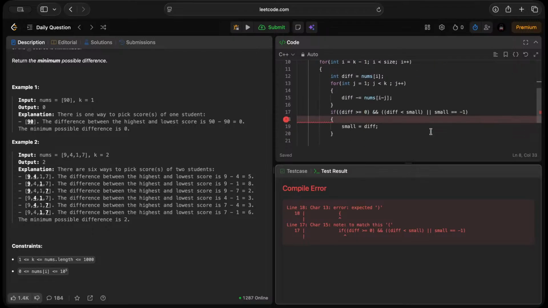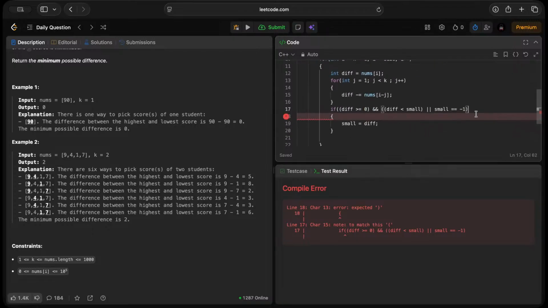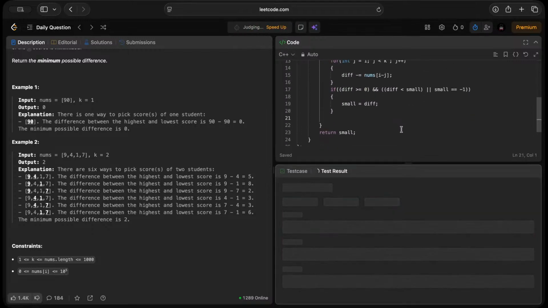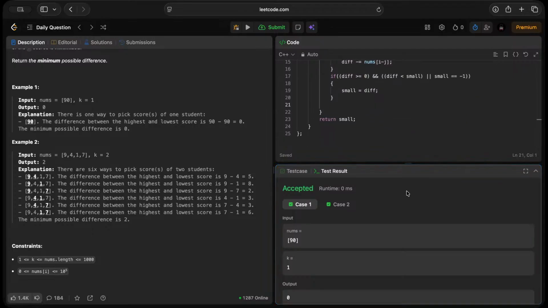Expected on line 18. I'm missing a bracket. Let's see if that's not just one bracket. That's right, that's right.